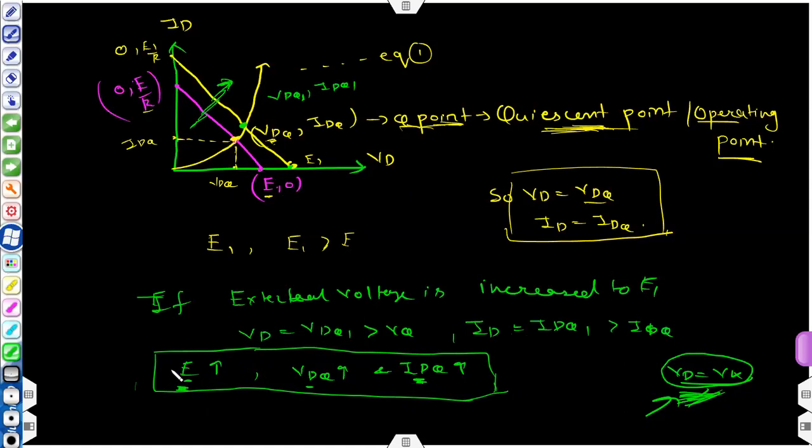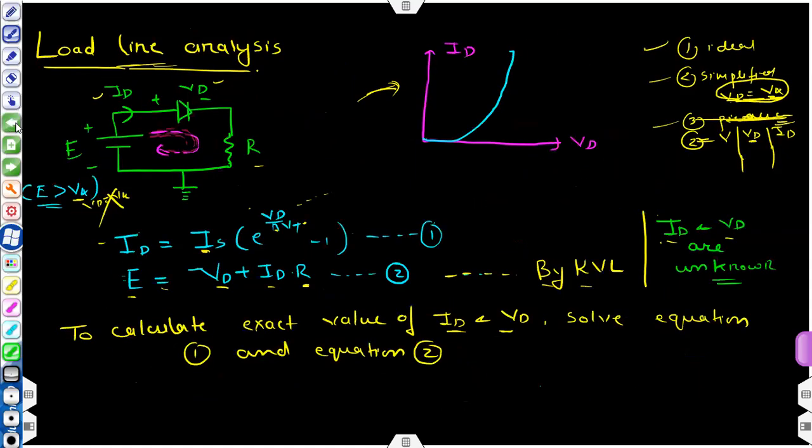So the first thing is E, the external voltage source, that affects the operating point, and let's say this point is Q1. The second external thing that can affect the operating point is this R. If you consider this an ideal diode, I will simply be E by R. So if you increase the value of E, I will increase.